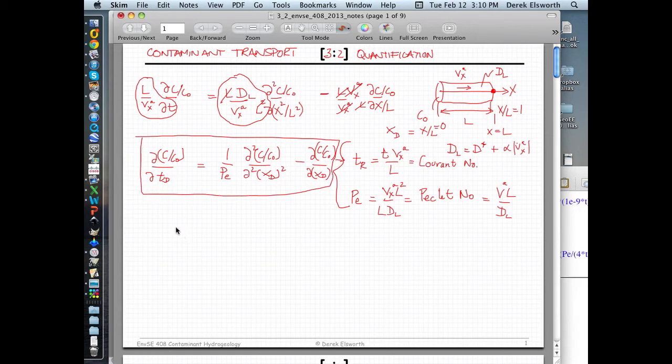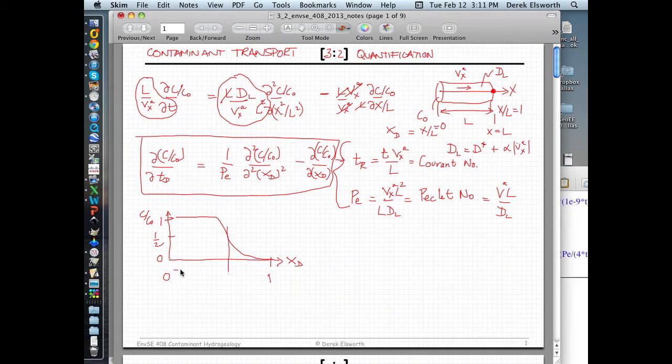But the important things are that now the behavior is governed only by a few parameters. It's governed by this length parameter, which varies between 0 and 1. It's governed by a relative concentration, which varies between 0 and 1. And I guess we might think that it would look like this at any particular time.